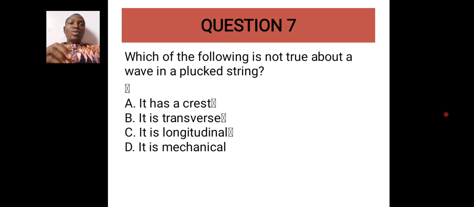Longitudinal wave, on the other hand, is a situation whereby the wave particle and the medium that is carrying the wave are moving in the same direction. A good example is sound wave. When you produce sound, the air carries the sound along in the direction of the air.